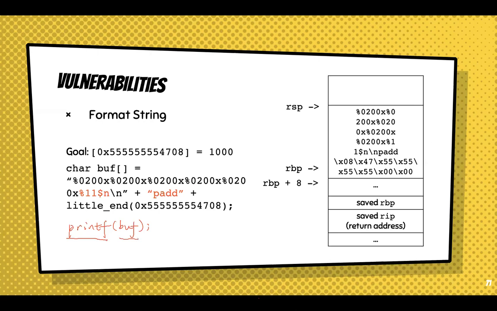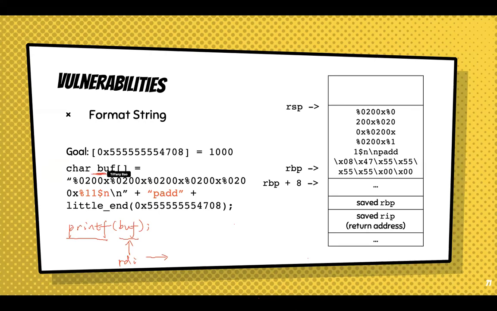If you still remember, the first argument is stored in register RDI. So it will first check the value of RDI, and this register will store the pointer, the address of the buffer. So RDI will point to this place.